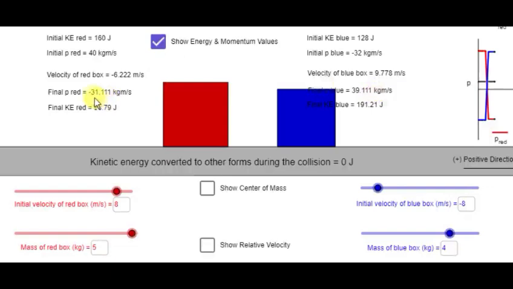Still, if we add the total momentums after they have collided, the momentum for red plus the momentum for blue, which is negative 31.11 plus positive 39.11, you still will get our final answer as positive 8. Remember, before they collided, it was a positive 8. After collision, it is still a positive 8. So this proves to us that the law of momentum is always conserved.